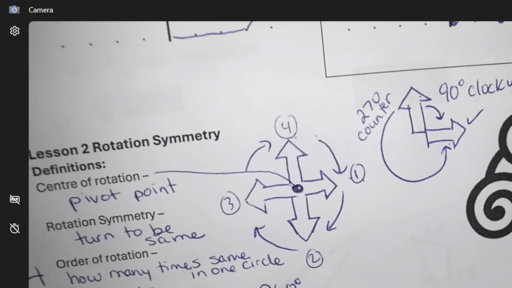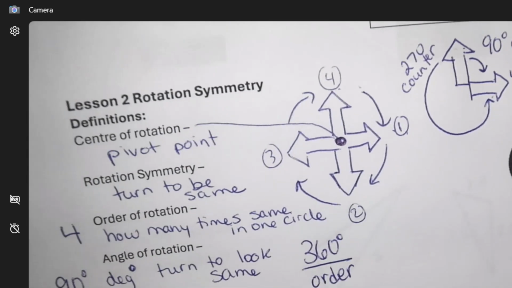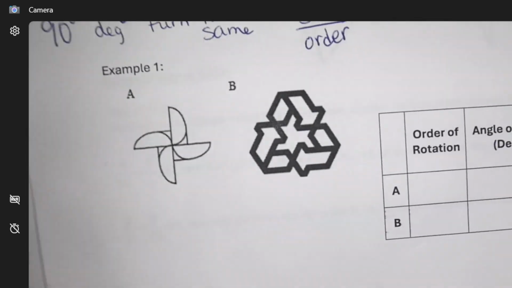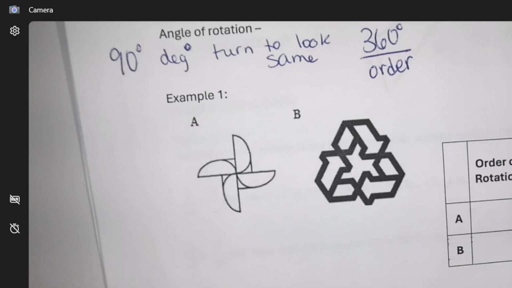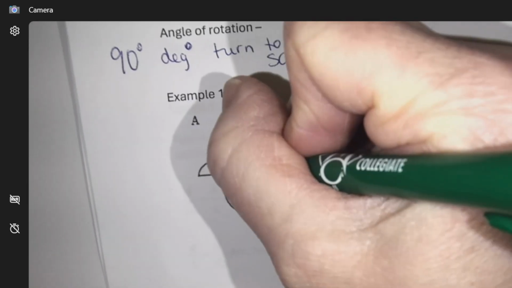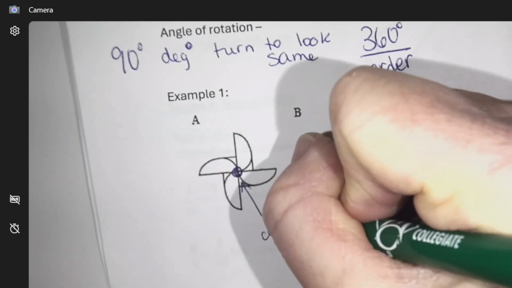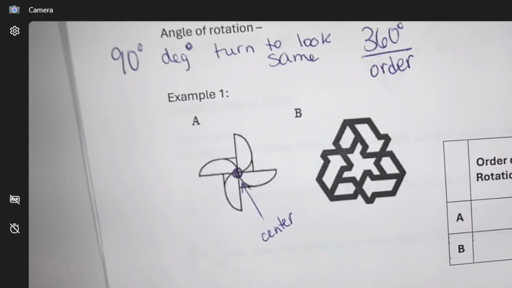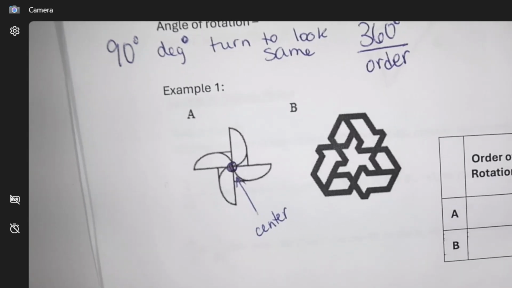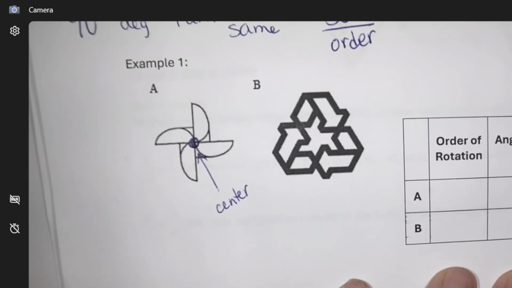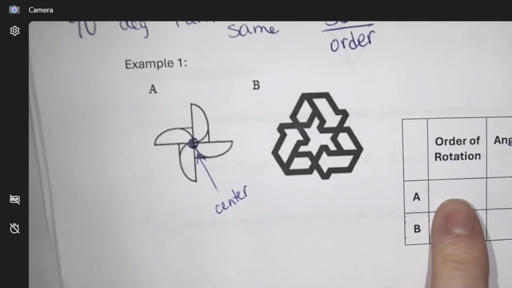So, here's two shapes. This is the center, and you would start spinning it. What is the order of rotation?